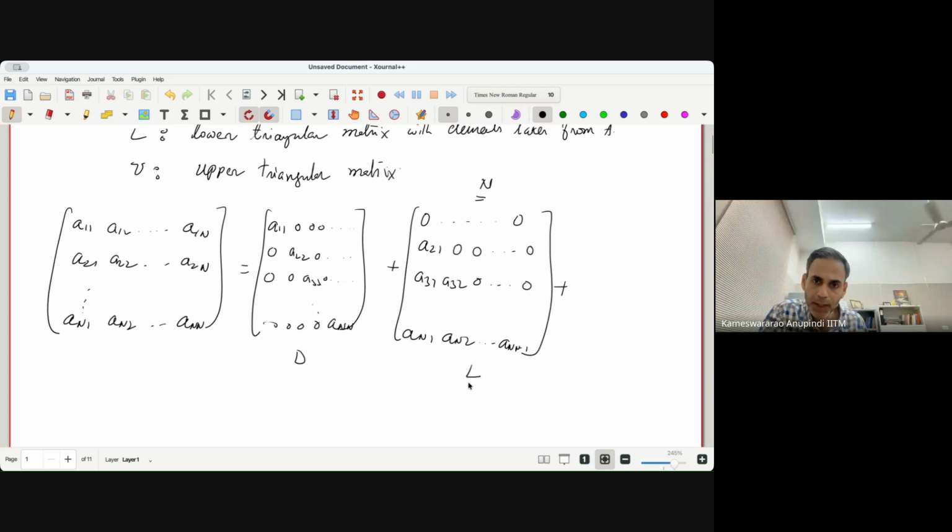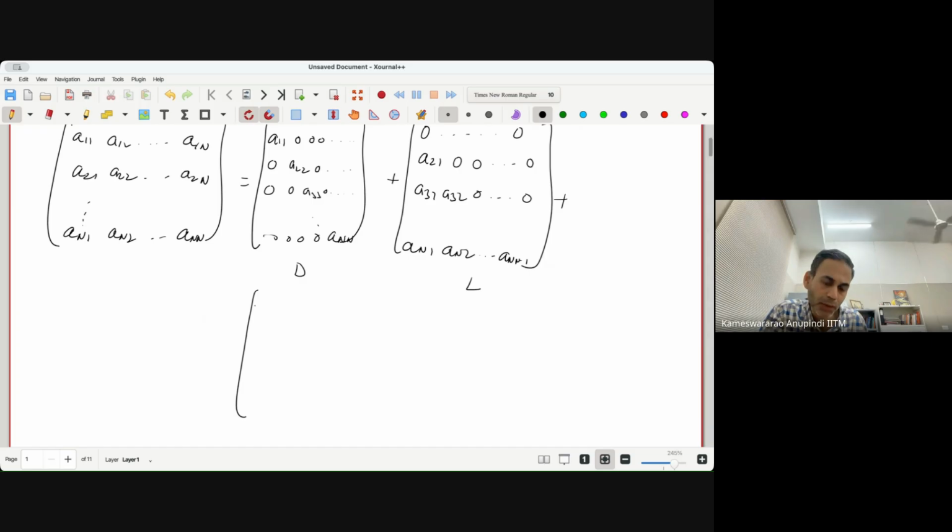That is your L. Plus the upper triangular matrix, which is 0, A12, A13, all the way to A1n, then 0, 0, A23, all the way to A2n, and all the way to A(n-1),n, with zeros elsewhere. That is how I have split it.